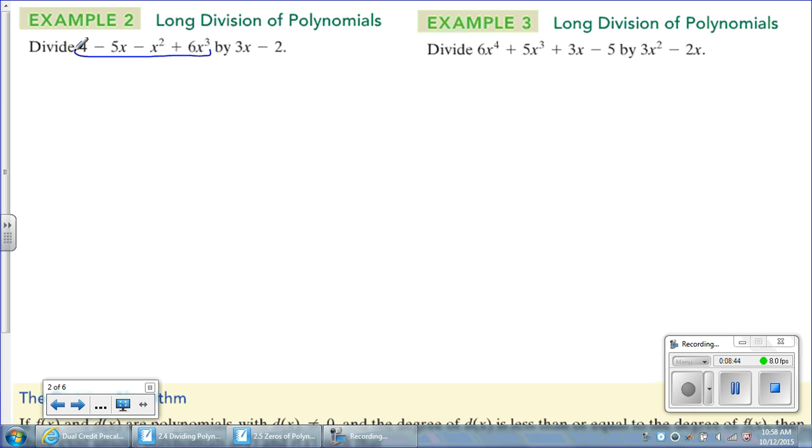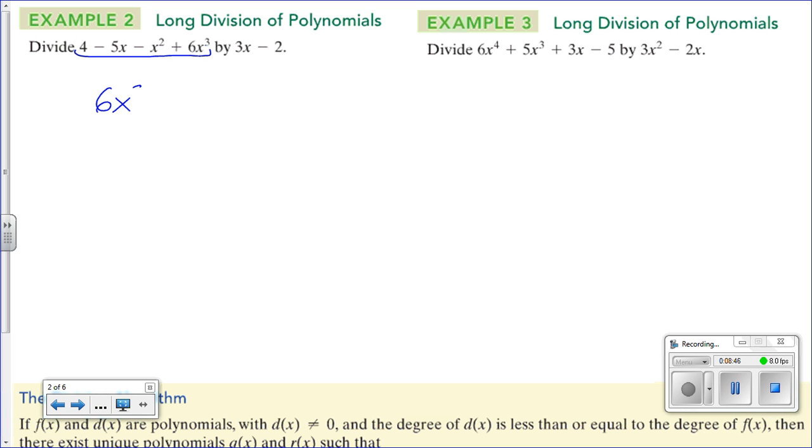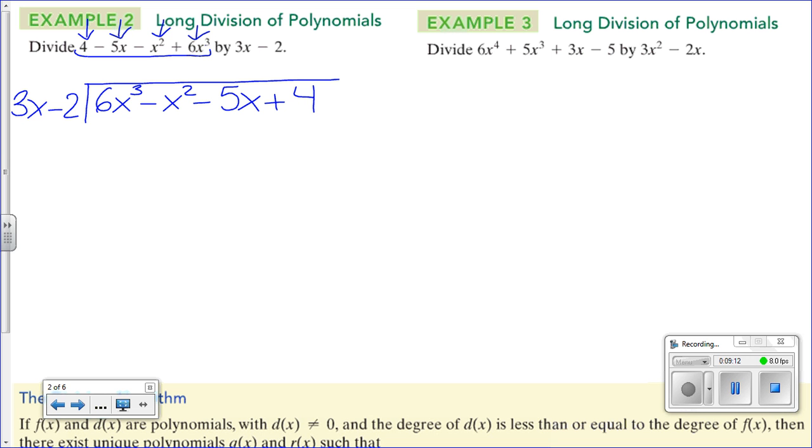So in that case, that will be 6x cubed minus x squared minus 5x plus 4. All of that will be divided by 3x minus 2. So I changed the arrangement of the terms here. I started with 6x cubed, then negative x squared, then negative 5x, and then positive 4. And I know that 4 is positive because there's no sign in front of it, right?